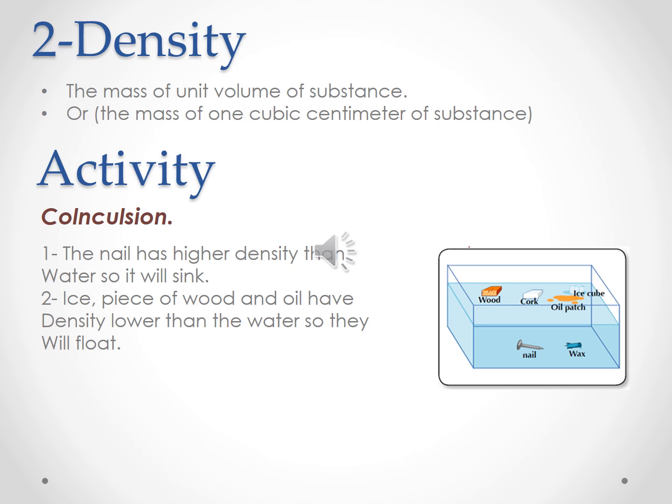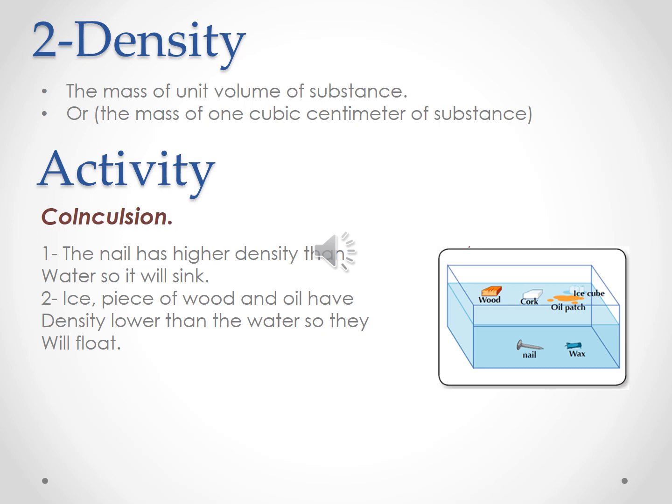Now I have an activity for you to compare the density of some substances with the density of water. Okay? Here I have a basin, or a container, containing water, and I have different materials: a piece of wood, an iron nail, drops of oil, a metallic coin, an ice cube, and a piece of cork.